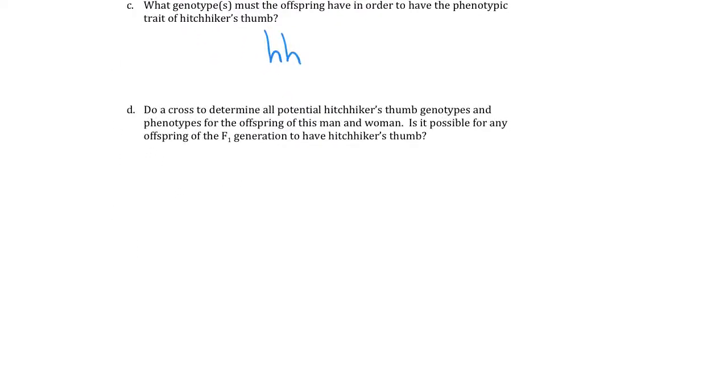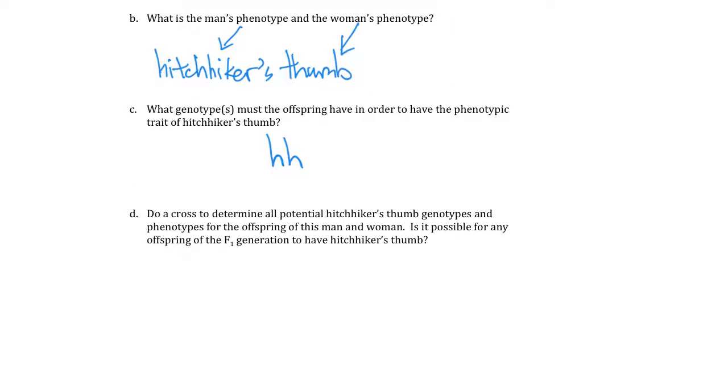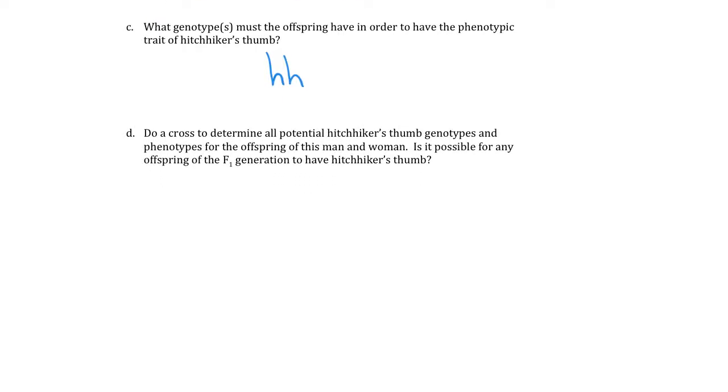It says do a cross to determine all potential hitchhiker thumb genotypes and phenotypes for the offspring of this man and woman. Okay, is it possible for any offspring of the F1 generation, that's the first generation, to have hitchhiker's thumb? Well, let's see. Let's just draw a Punnett square first. Since they're both homozygous recessive, we're going to draw the cross like that.